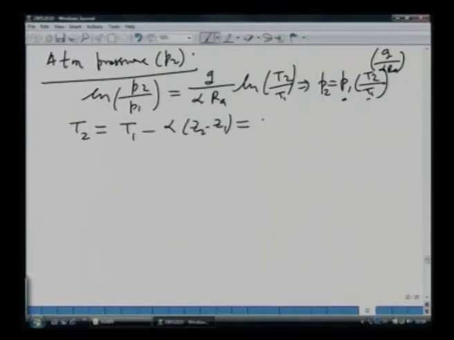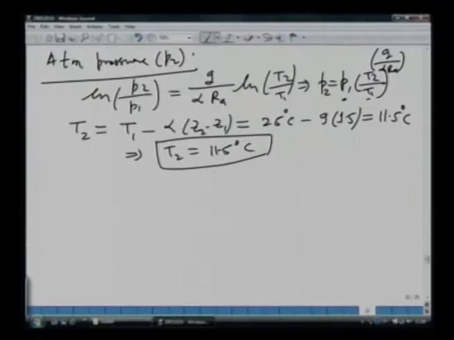This is 25 degree centigrade minus 9 times 1.5, which is 11.5 degree centigrade. So, T2 is equal to 11.5 degree centigrade.